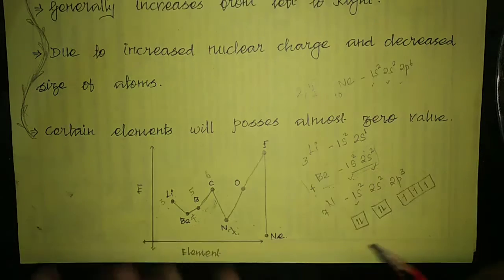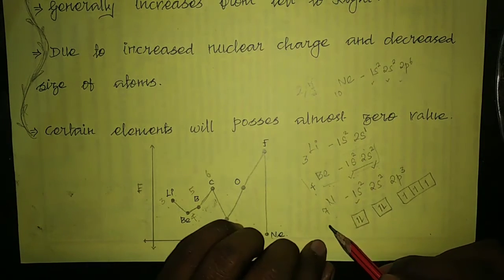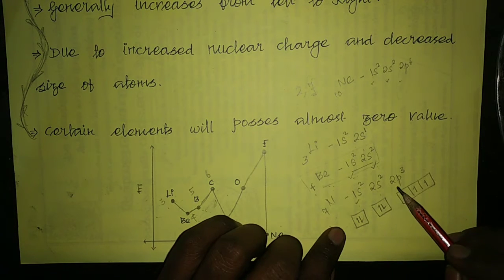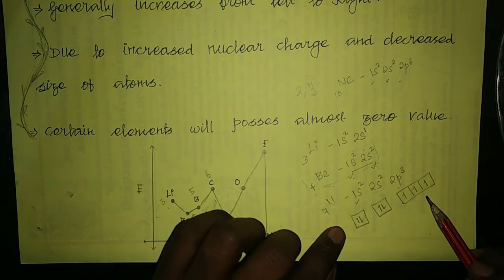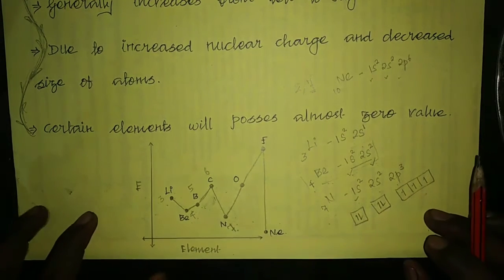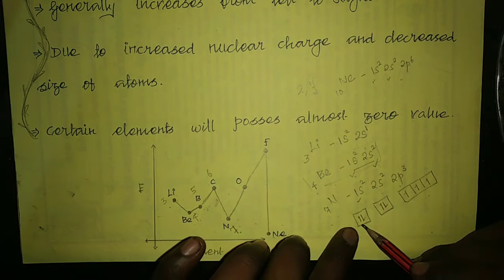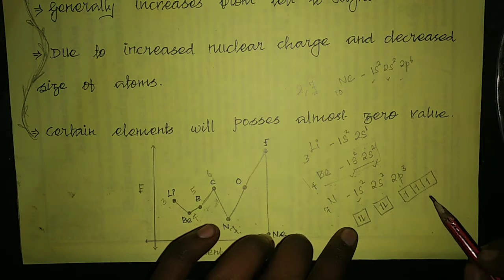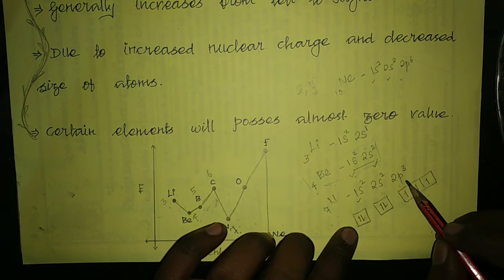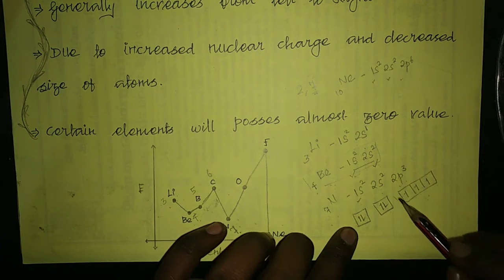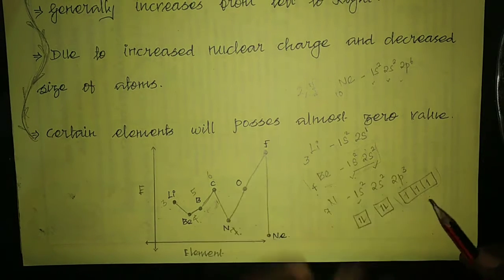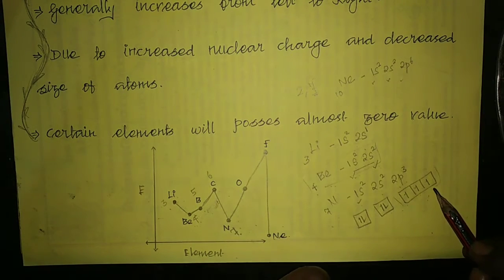Why? Nitrogen's atomic number is 7 and its electronic configuration will be 1s2, 2s2, 2p3. This is the orbital diagram I have drawn here. For the 1s orbital, 2 electrons: 1, 2. Then the 2s orbital, 2 electrons: 1, 2. Then the 2p orbital has 3 electrons: 1, 2, 3. And this is called half filled electronic configuration. If each orbital of the subshell has a single electron, that is called half filled electronic configuration.